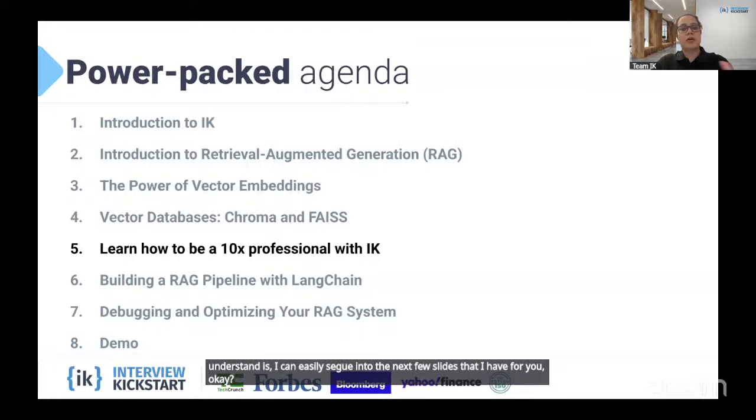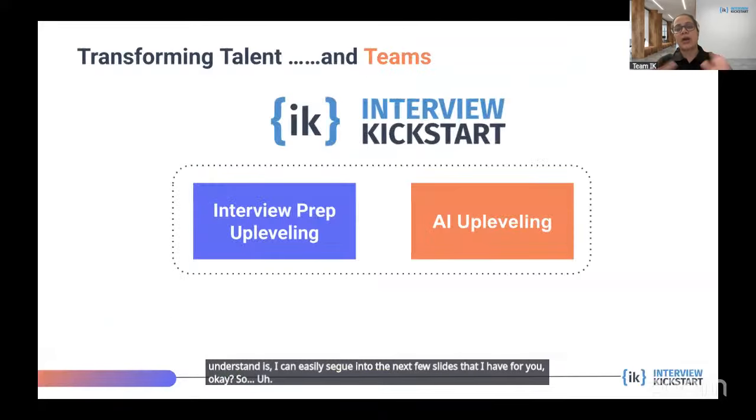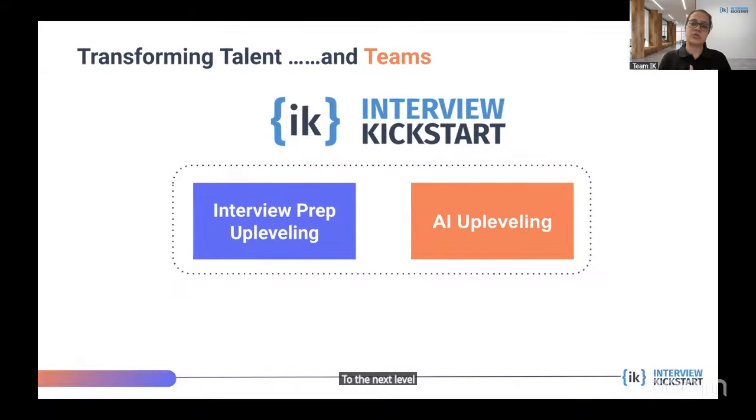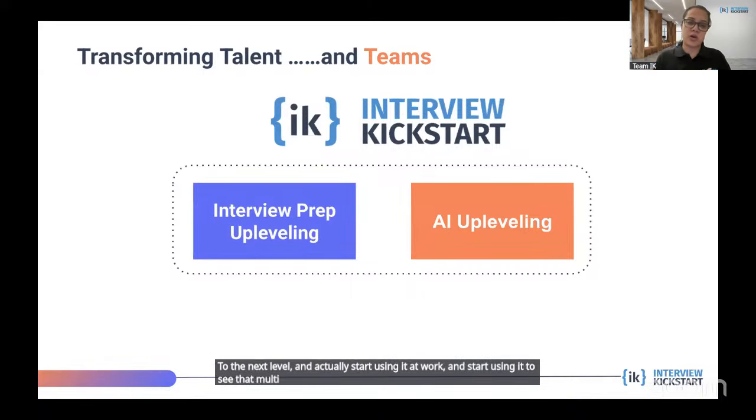Firstly, I'm going to take you through what we do at IK, what we have for you, and how you can take this interest in AI or RAG to the next level, actually start using it at work, and see that multifold effect on your career. At IK, we have two offerings at this point in time: the interview preparation track, and the AI upleveling track.